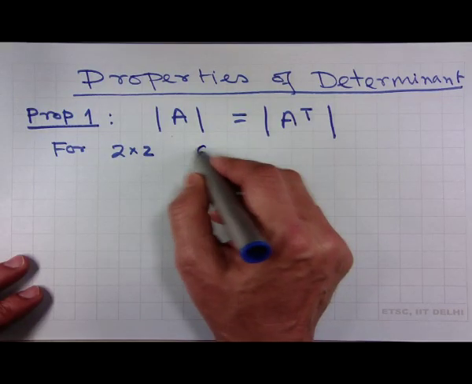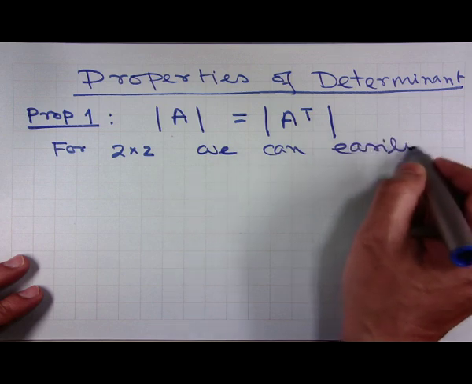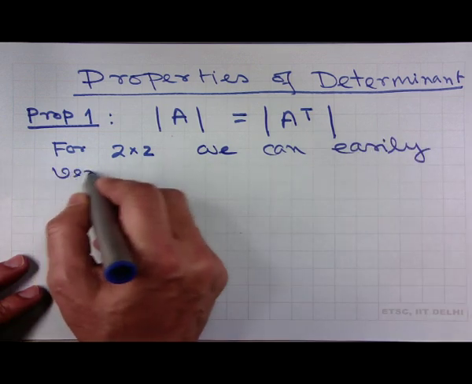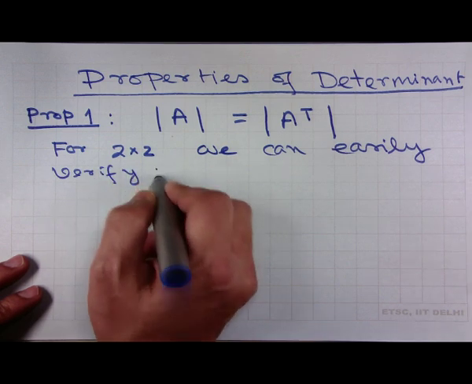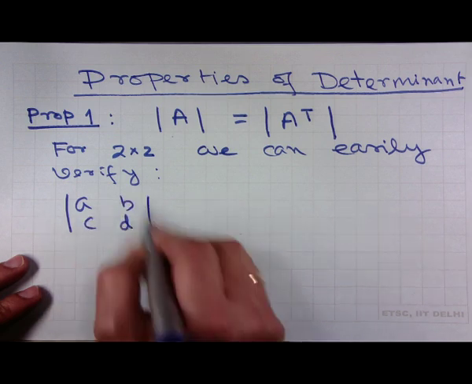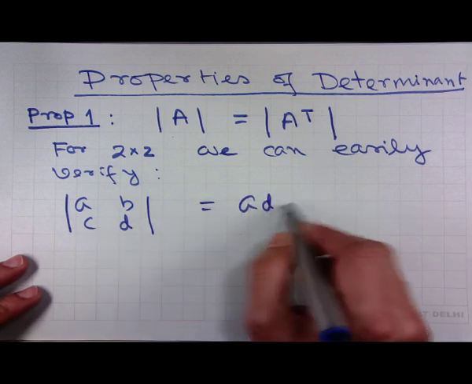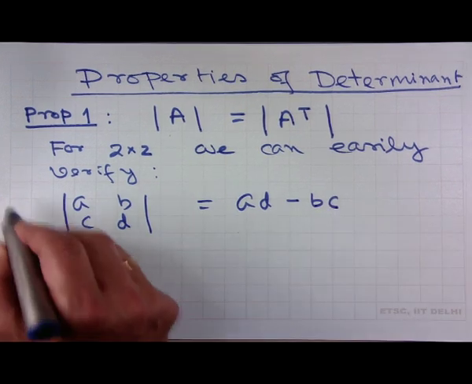For 2 cross 2, we can easily verify. Consider A, B, C, D. We know its determinant is equal to AD minus BC.